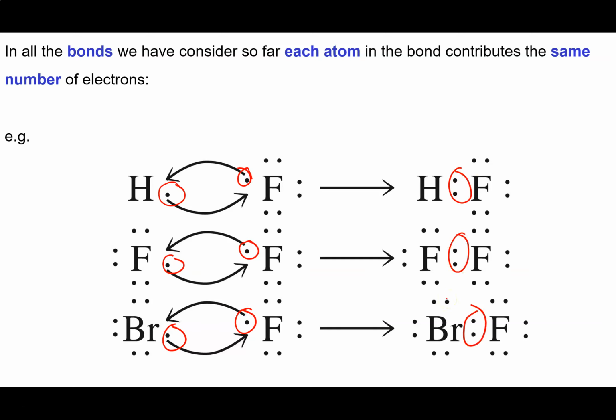And then we also have to take into account how many atoms of each particular type there are. So in this molecule here, CCl4, the carbon atom is in group 4A, so it has 4 valence electrons. The chlorine atom is in group 7A, so it has 7 valence electrons.